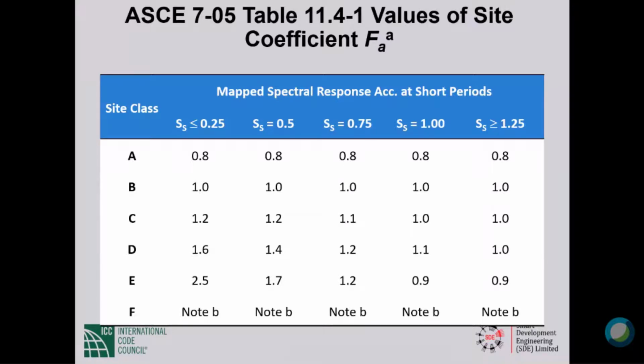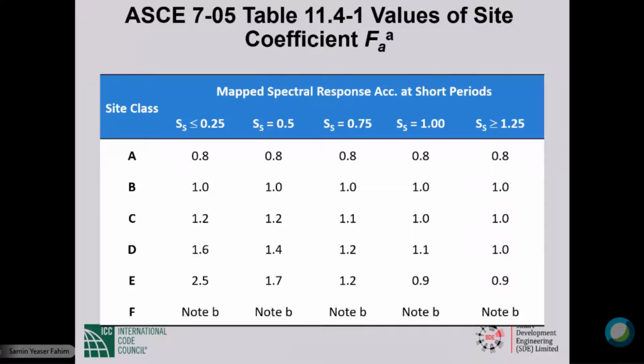Now, the values that are given, whether it is S sub 1, S sub S, or Z, are for the benchmark site class. If you have a different site class at your site, your benchmark is SA, you have SC, then the quantity given in the code has to be soil modified. You have to apply soil modification to the ground motion parameter.